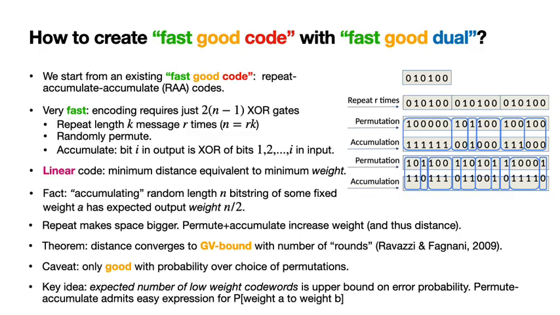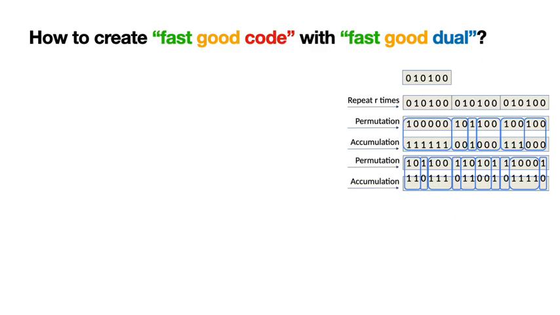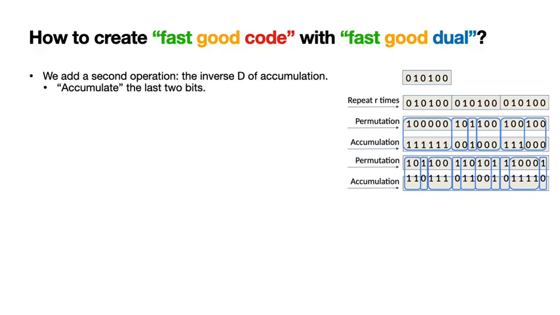So what we try to do is take this code and turn it into a code which does have a good dual. The way we did that is by adding another operation, which is in fact the inverse of the accumulator. The way this operation works is simply by accumulating only the last 2 bits.